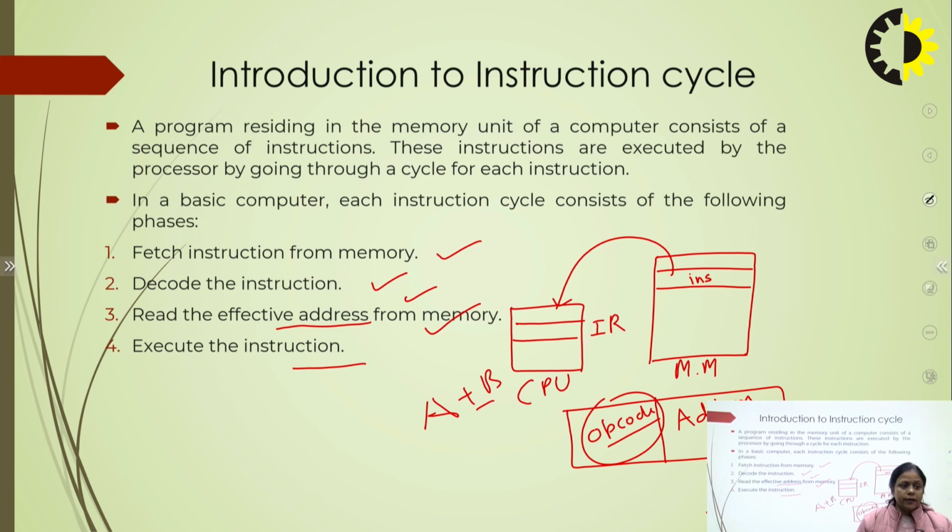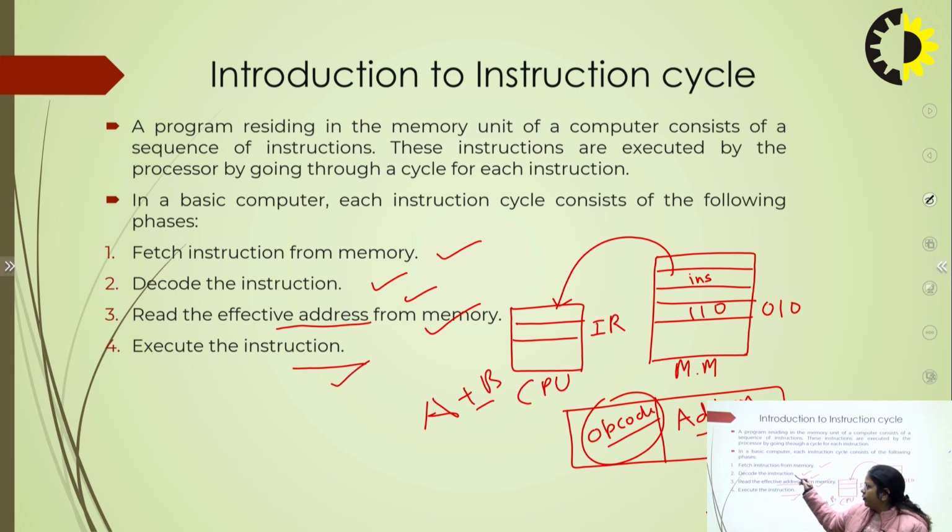For example, in the address part, the address 010 is given, and when we go to 010, we find another address, and when we go to 110, we get the operand. This is indirect addressing. So there are two possible types of addressing, direct or indirect. With the help of mode bits we can find out the effective address of the memory. And in the last step we will execute the instruction.